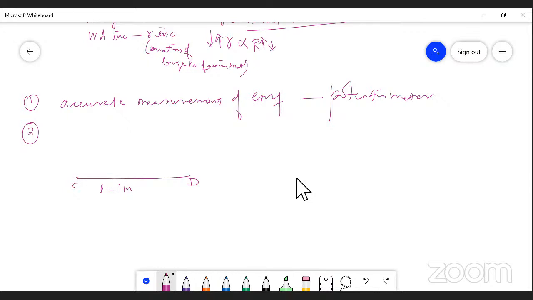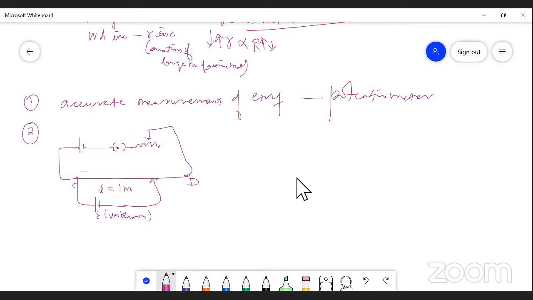Let me show you the diagram. This is the battery, a key, a rheostat. This is connected to the terminal D. Now, an unknown source of EMF, V is unknown, is balanced at 60 centimeter length of the potentiometer wire.